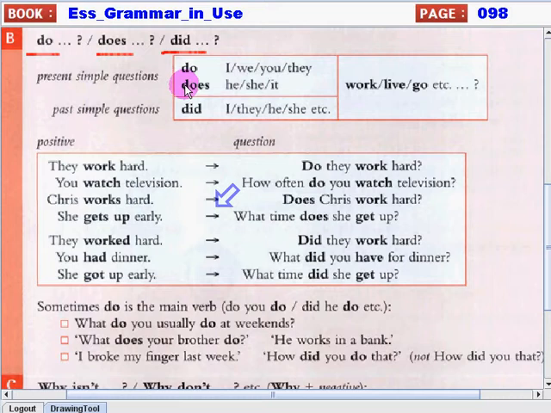Do, does. We call it present simple questions, okay, when we make sentences with do or does, because these verbs are in their present form.